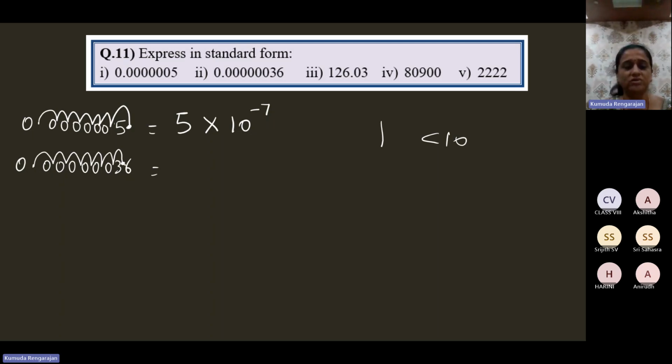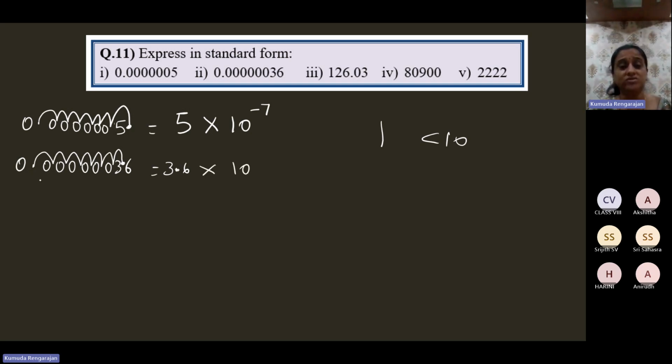Now it's time for me to explain to all of you so that all of us understand. 1, 2, 3, 4, 5, 6, 7. So now the number becomes 3.6, which is between 1 and 10. Okay, so we've got the first part into 10 to the power.